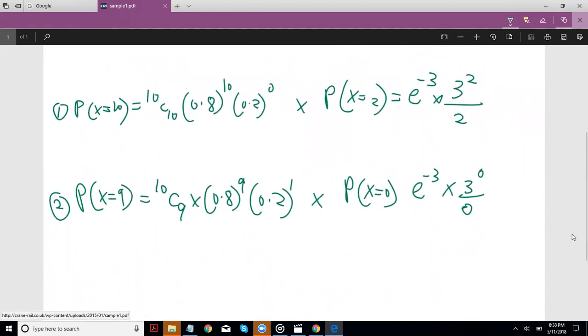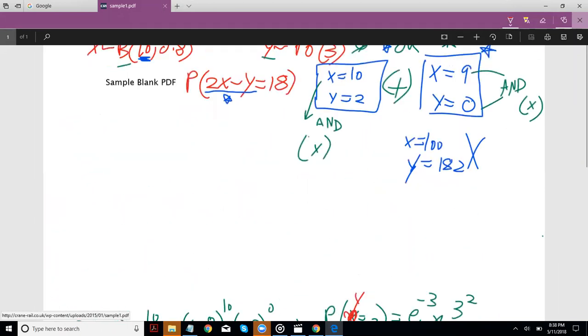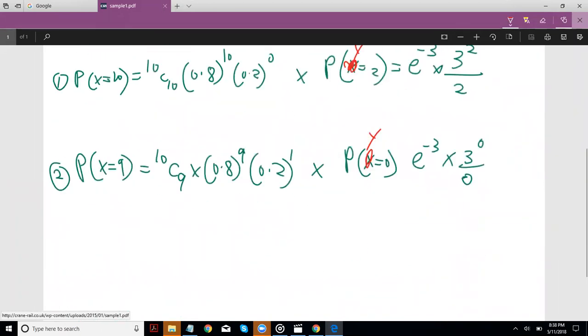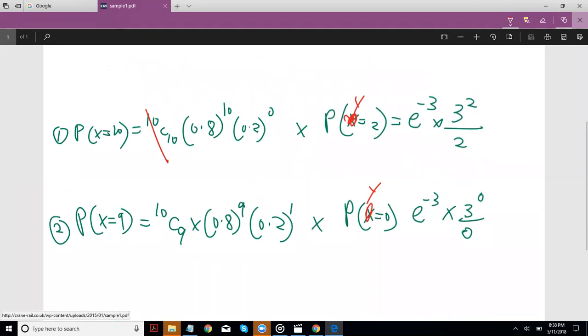So I've already written it out here. This is your first combination where x is 10 and y is 2. To figure out x is 10, you use the binomial distribution that was given to you over here. This should be equal to 1. This should also be equal to 1. And you multiply it with the probability that y is equal to 2, and hence you use your Poisson distribution.